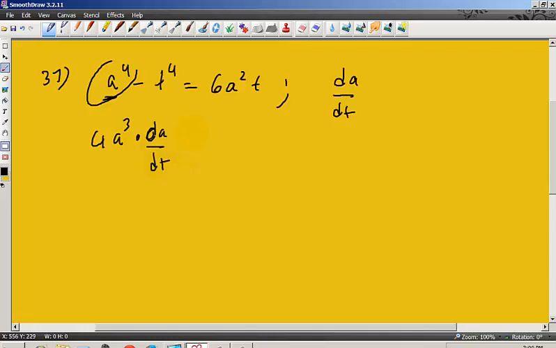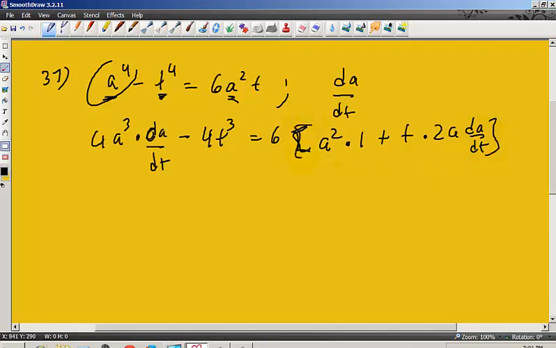Minus. Take the derivative of that, which is 4t to the third, is equal to 6 product rule. First times the derivative of second plus second times the derivative of the first, 2a dA dt, or a prime, either one.